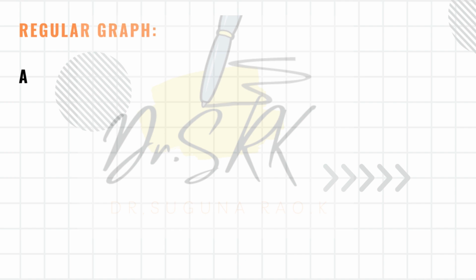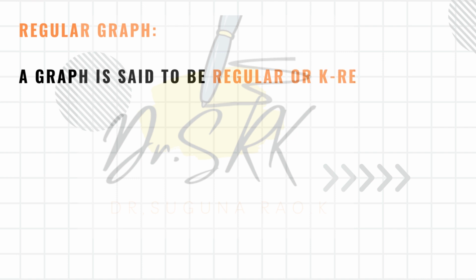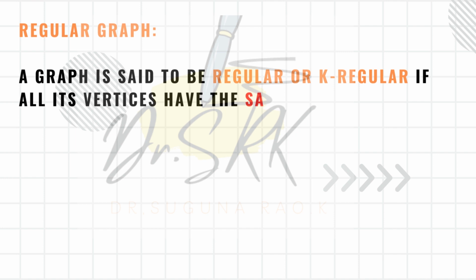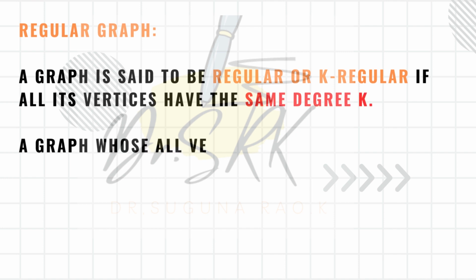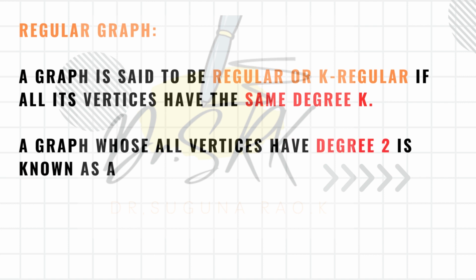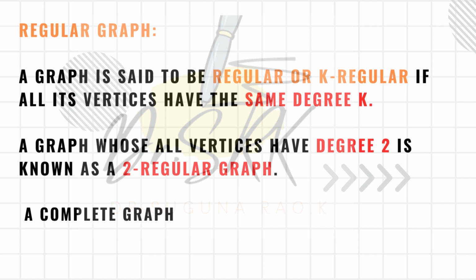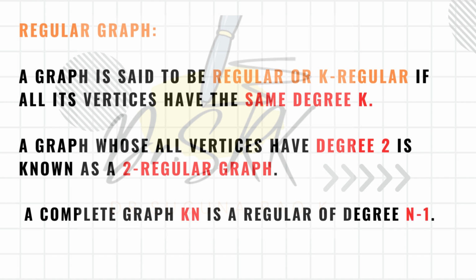Now going to another important type of graph, a regular graph. What is regular graph? A graph G is said to be regular, or simply K regular, if all its vertices have the same degree K. For example, a graph whose all vertices have the degree 2 is known as 2 regular graph.